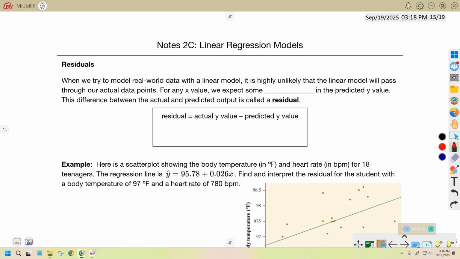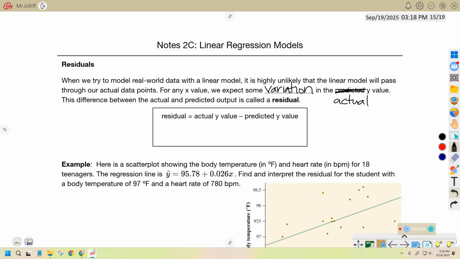All right. On that idea of our model being a good predictor of our output or not is the idea of residuals. Residuals measure the difference between our actual y values and our predicted y values. And we expect there to be a difference because we know that there is some variation in our actual y values.